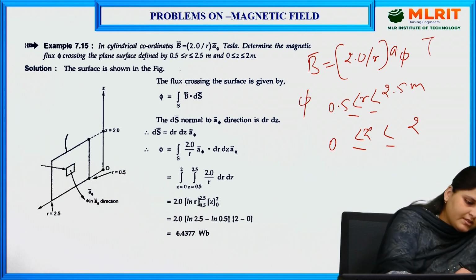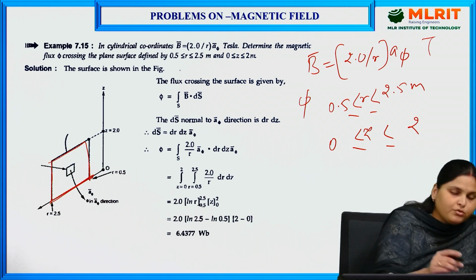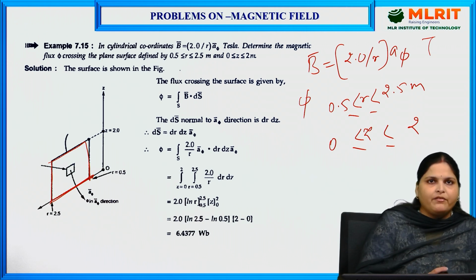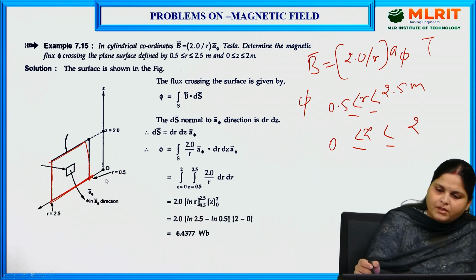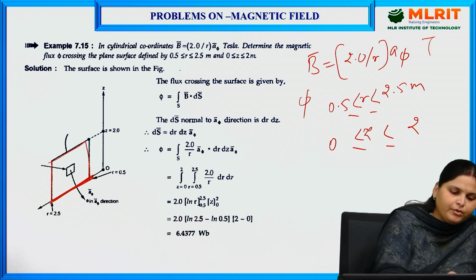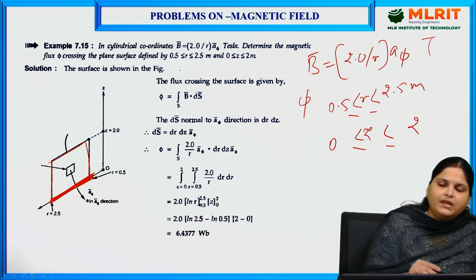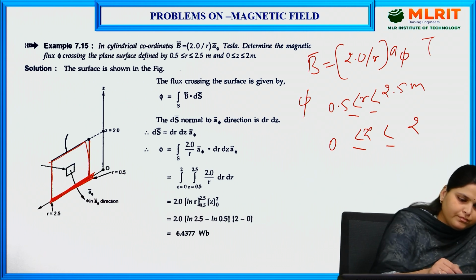In this diagram you can see this is the surface at fixed phi. So phi cannot vary, but r and z are variable, with r extending from 0.5, from here to here, 0.5 to 2.5, and z extending from 0 to 2.